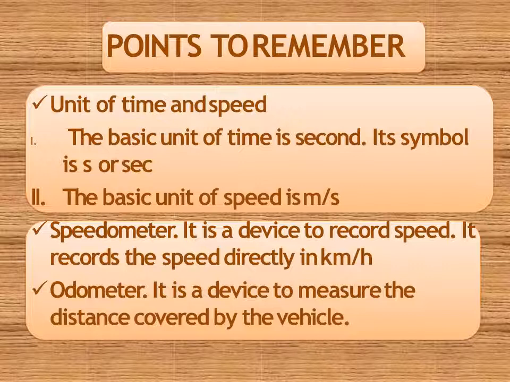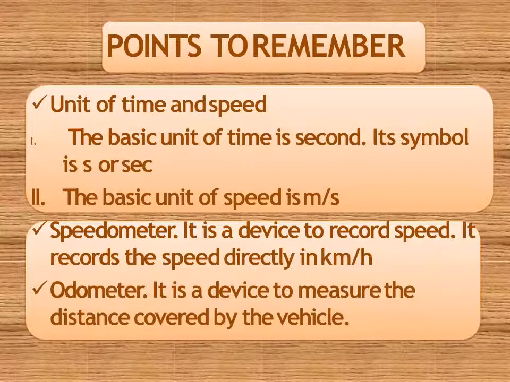If it is of longer distance, we can measure it by meter per second, and if it is of long distance, we can measure it by kilometer per hour. Because 1000 meters makes 1 kilometer and 60 minutes makes 1 hour.